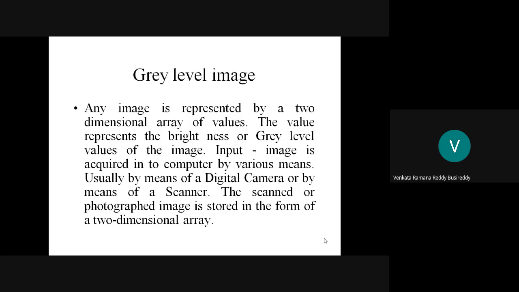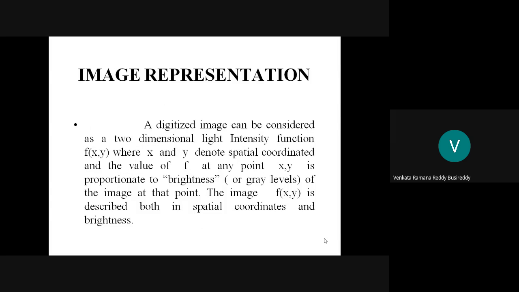So ultimately, in simple terms, an image is nothing but a two-dimensional array of values, whether it is a gray level image, a binary image, or a color image. The difference I will explain. So ultimately, a two-dimensional image is nothing but a light intensity function. So at each and every pixel, the value we call brightness.